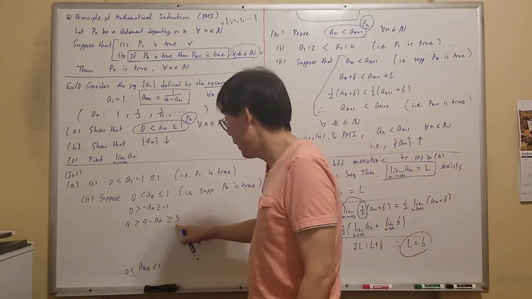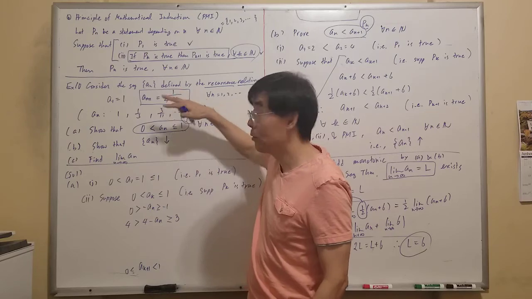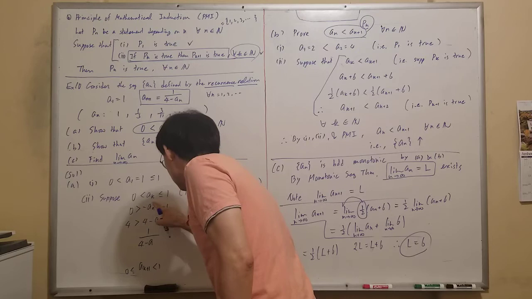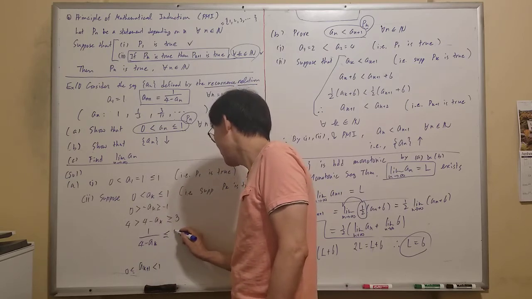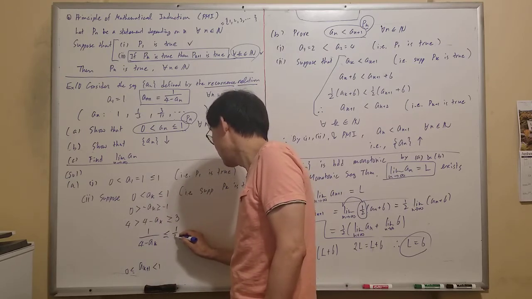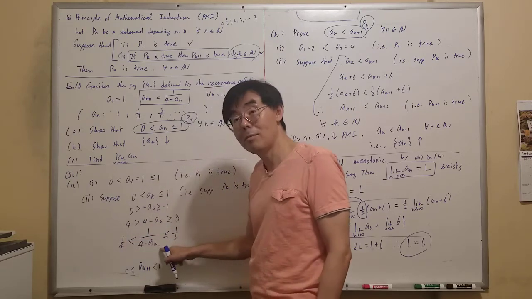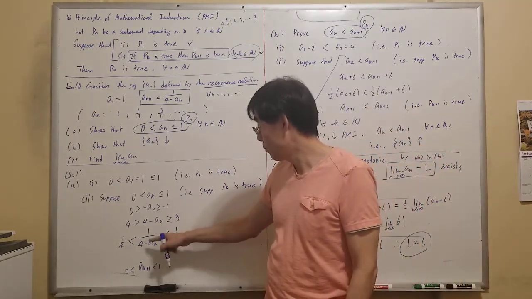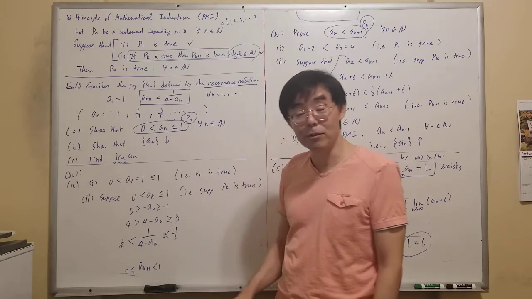So these are all positive numbers, because everything is at least equal to 3. And then you have to take the reciprocal. If you take the reciprocal, the direction of the inequality will be switched, because a larger denominator means a smaller number. 1 over a larger number will be smaller. Because this is larger than 3, 1 over that will be smaller than 1 over 3.